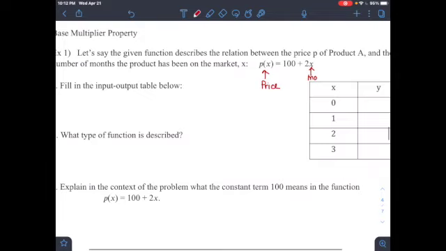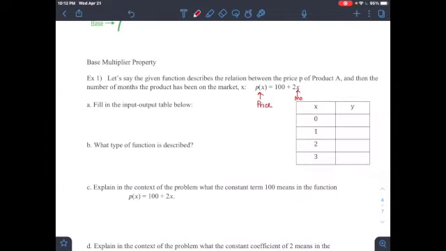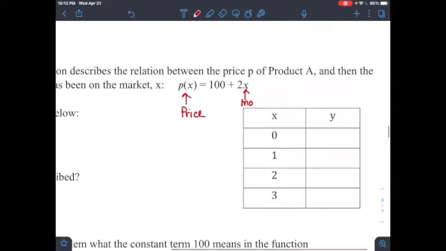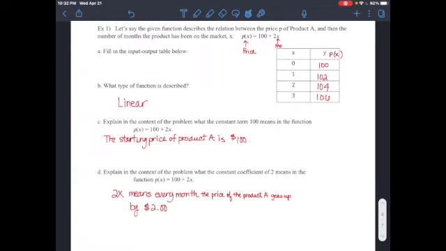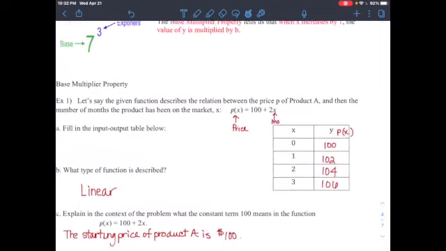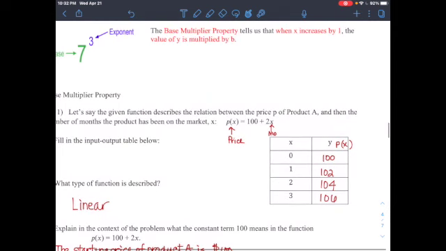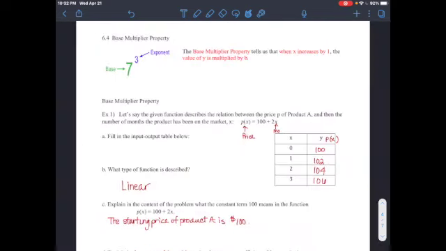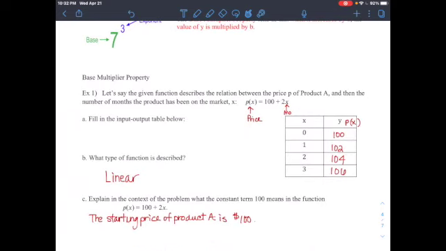So now what I want you to do is do A, because you are going to just use the equation and fill out the chart. So for example number 1, here are the answers. When you fill out the table, you plug in the numbers 0, 1, 2, 3, and you get 100, 102, 104, and 106. And what type of function is described? Well, this is a linear function because it's y equals mx plus b.